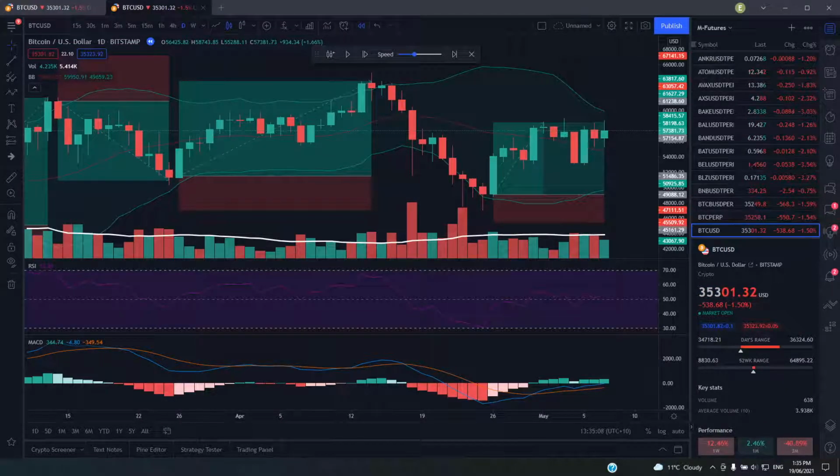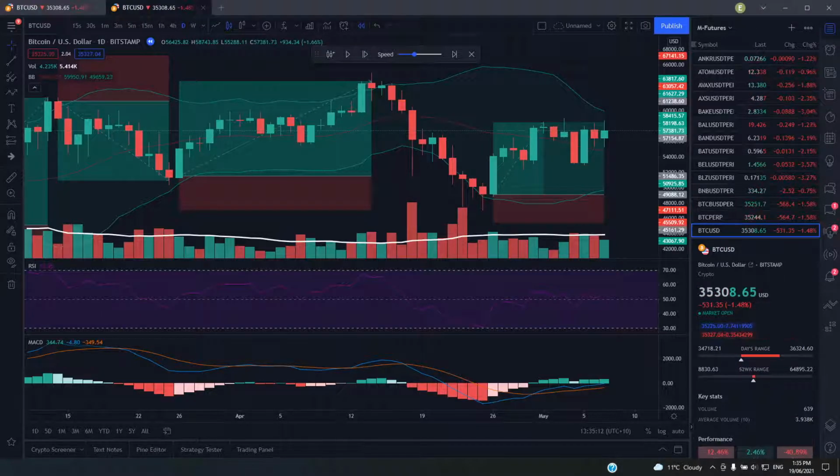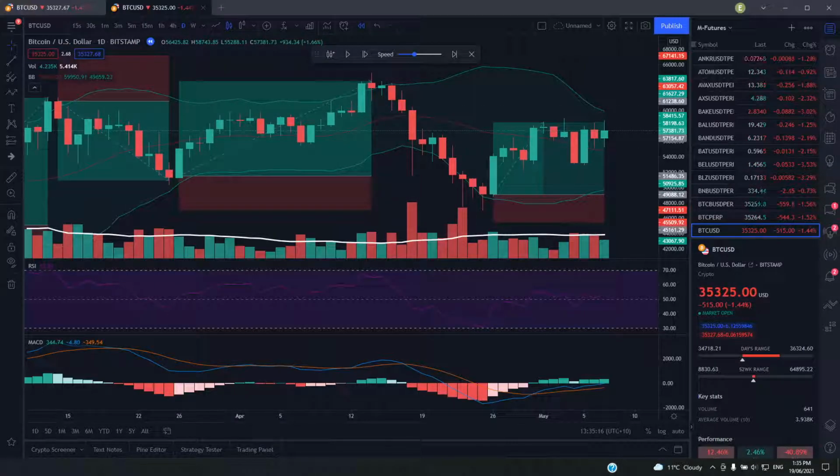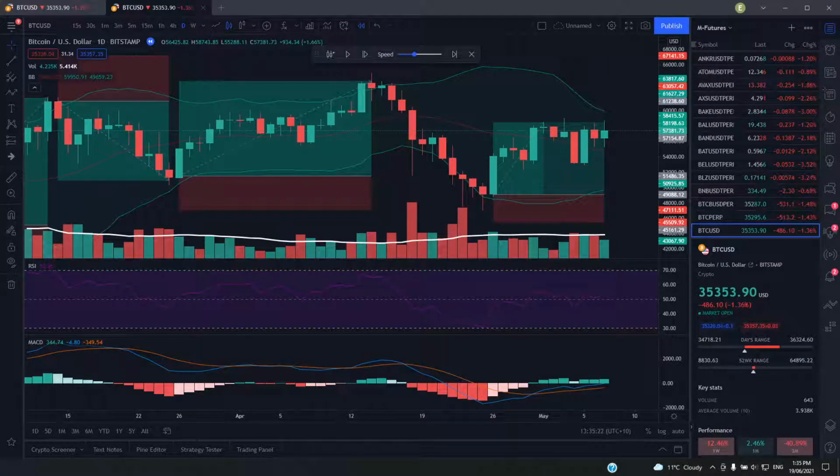Buy long with reversal candle and bullish divergence with price downtrending, though the Bollinger Band uptrending. Okay, uptrending. Alright, so there we go long.